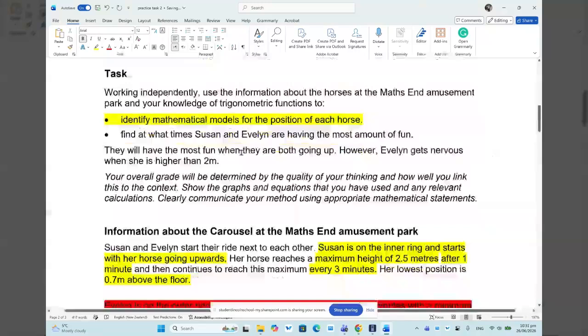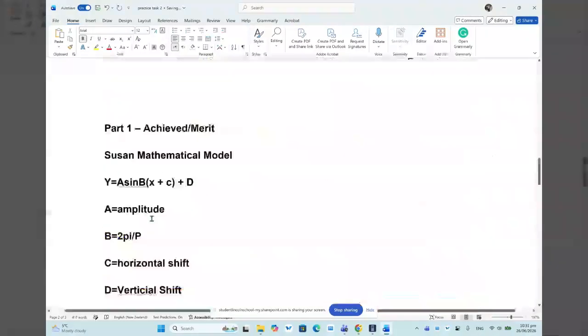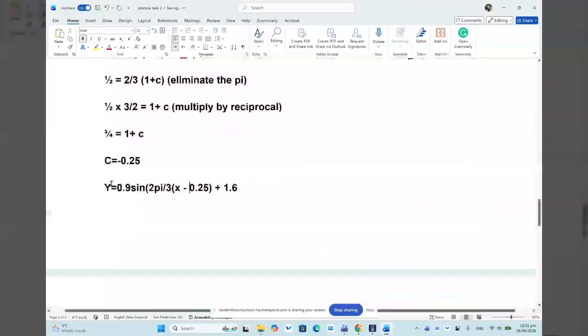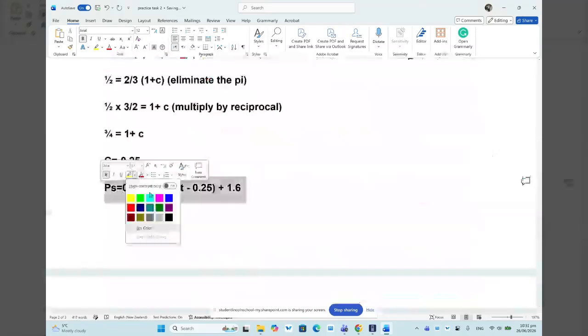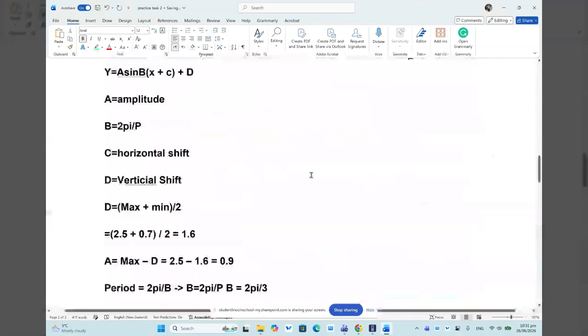So you could write it as, because we found Susan, let's do position S. So that S should be small, by the way. So just pretend that's small. And then instead of x, it's a time value. So it'll be t. There we go. So that's the first equation that models Susan's movement on the horse.